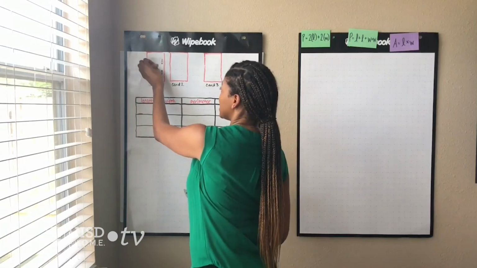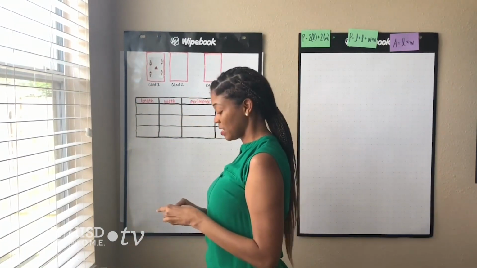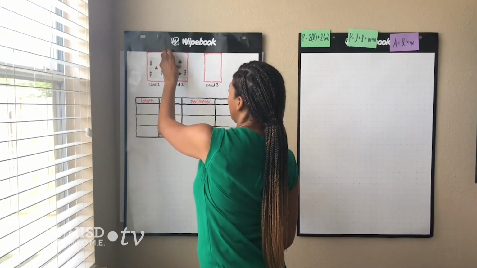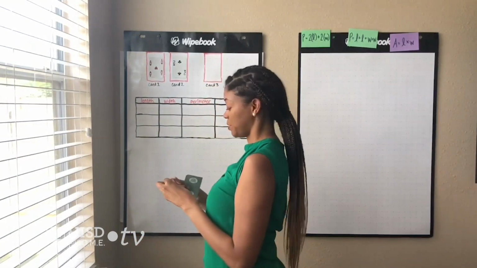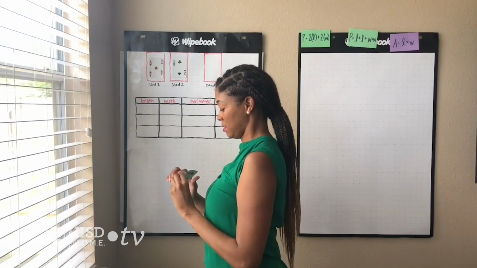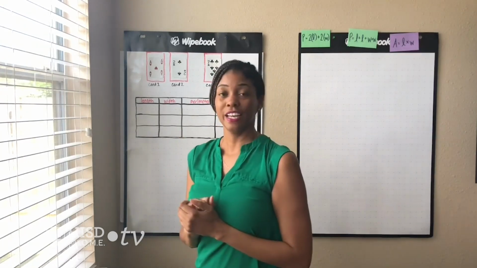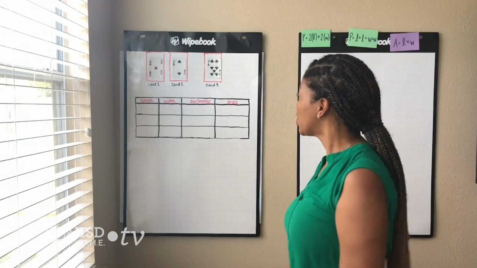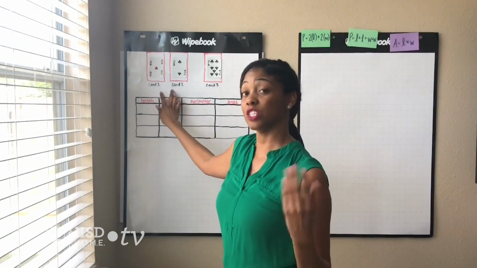So I'm going to place my first card there. My second card is going to be placed next to it. And then my third card is going to be placed next to it, where it says card 3. And so what I did was I just created a 2-digit number by a 1-digit number. Using card 1 and card 2, I made a 2-digit number.